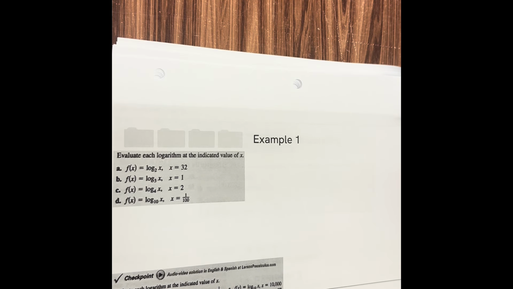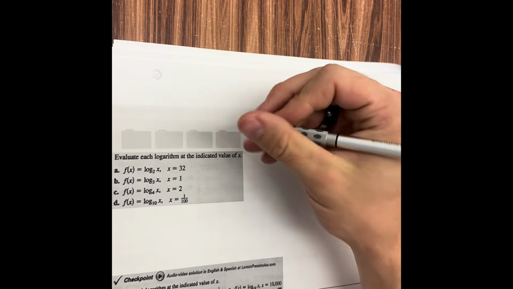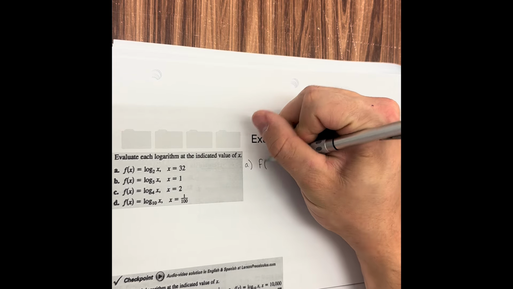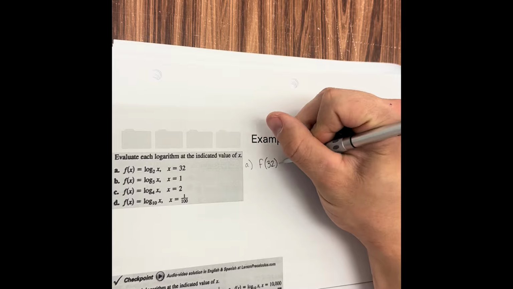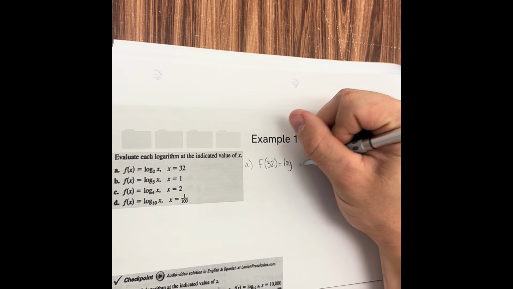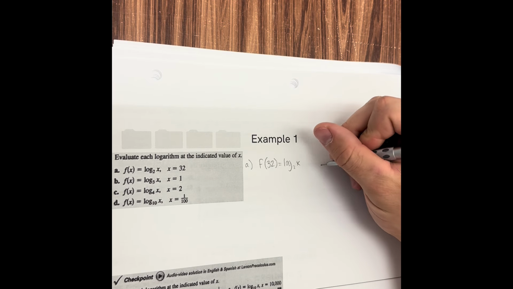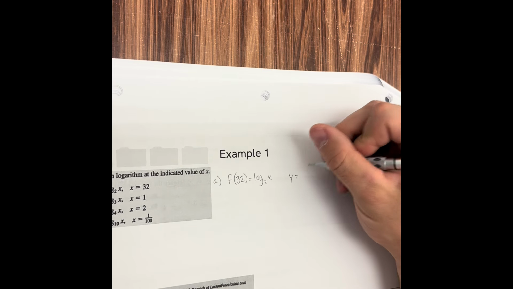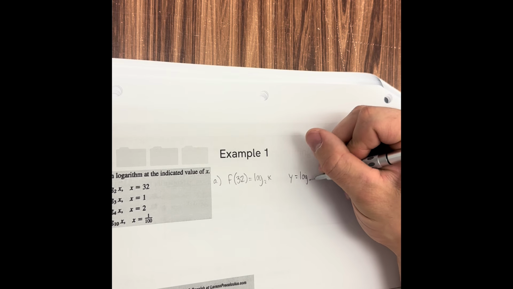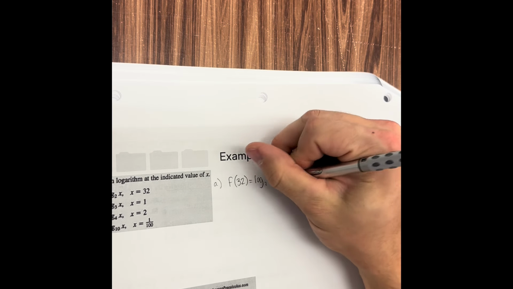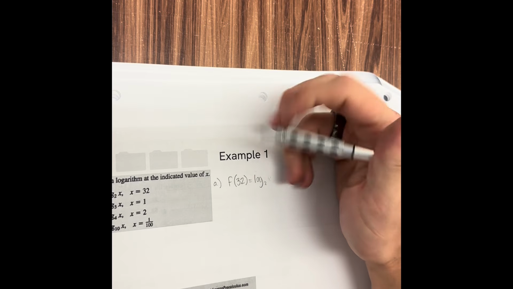So example number 1 here, evaluate each logarithm at the indicated value. All right, so f of 32 equals log base 2 of x. Sometimes I like to write this as y equals log base 2 of 32, and this should not be x anymore because we plugged in 32 for x.